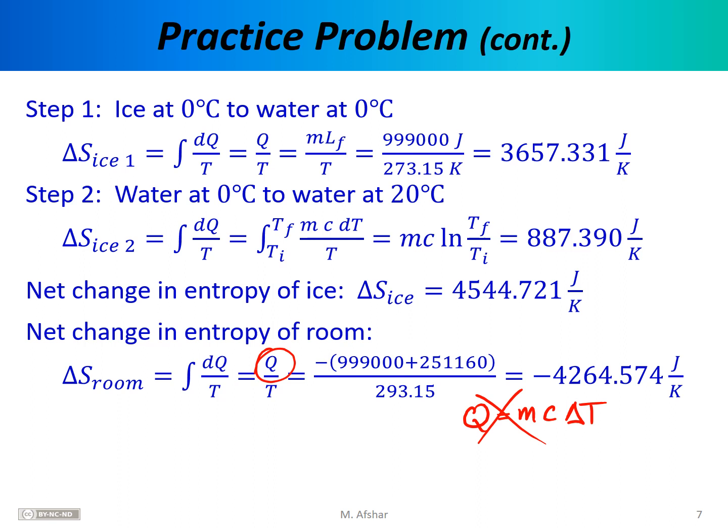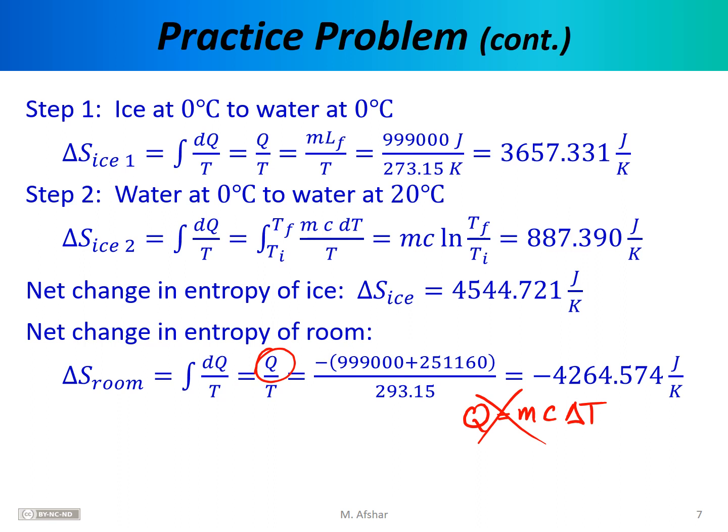So what we have to do is calculate Q indirectly. We basically use conservation of energy. We note that the ice is melting because it's absorbing thermal energy from the room. In other words, heat is leaving the room and entering the ice, causing it to melt and eventually to warm up. So any output of energy from the room must equal an input of energy into the ice.